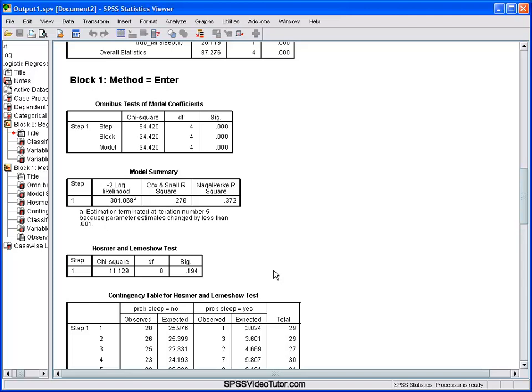Now, this is contrary to what we typically see where p-values less than 0.05 are significantly different. So for Hosmer-Lemeshow, it's the opposite. All right? So this mirrors the results of our omnibus test above.